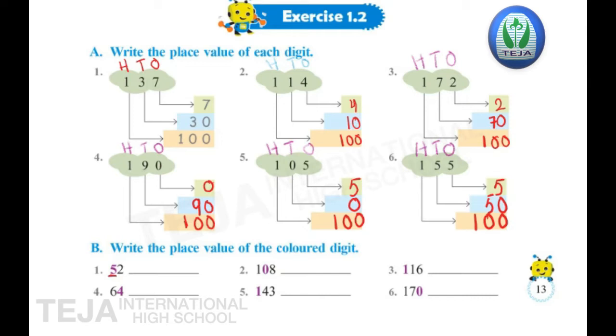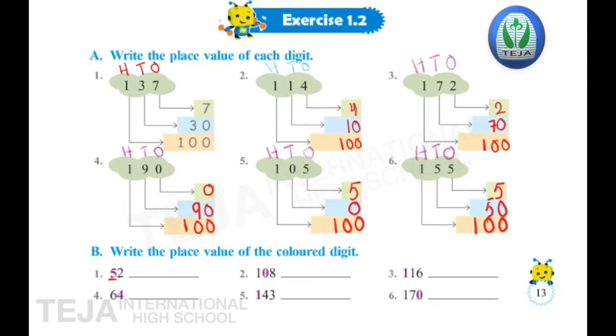It is in tens place. In the number 52, 2 is in ones place, so the value of 2 will remain the same as 2. Now 5 is in tens place, so the value of 5 is 50. Write 50 in the blank.